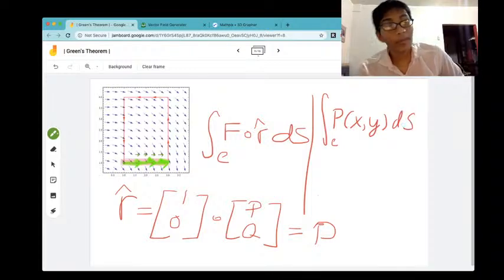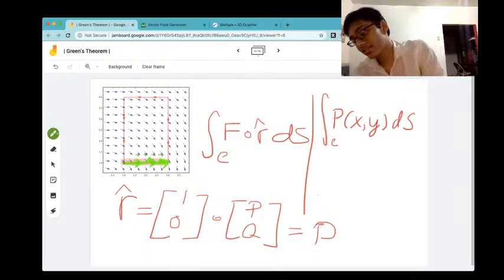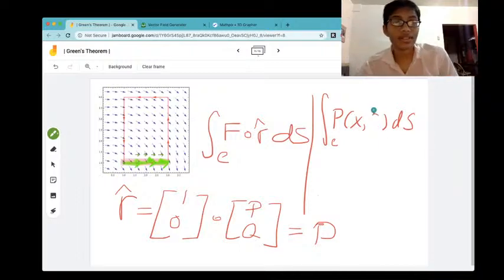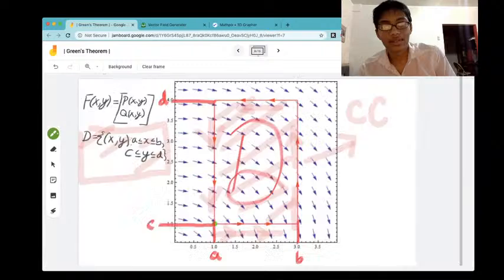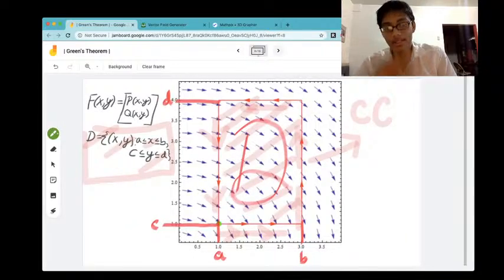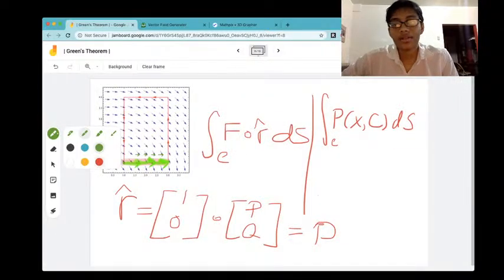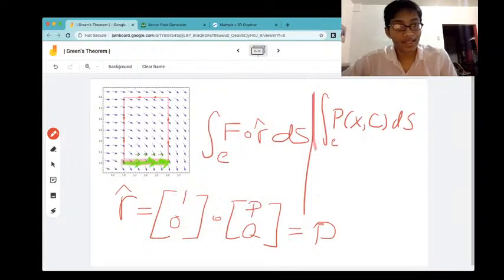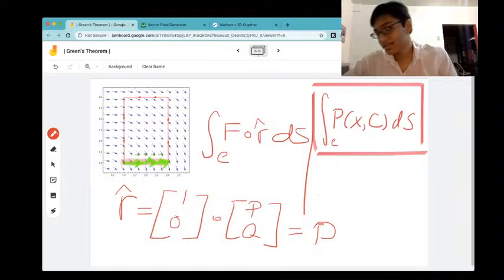But one thing is that y is held constant here, such that y is just going to be c. Recall that we set bounds on the previous slide. So that is the work exerted on our particle by this field, and as expected, that work is positive. So that is done.